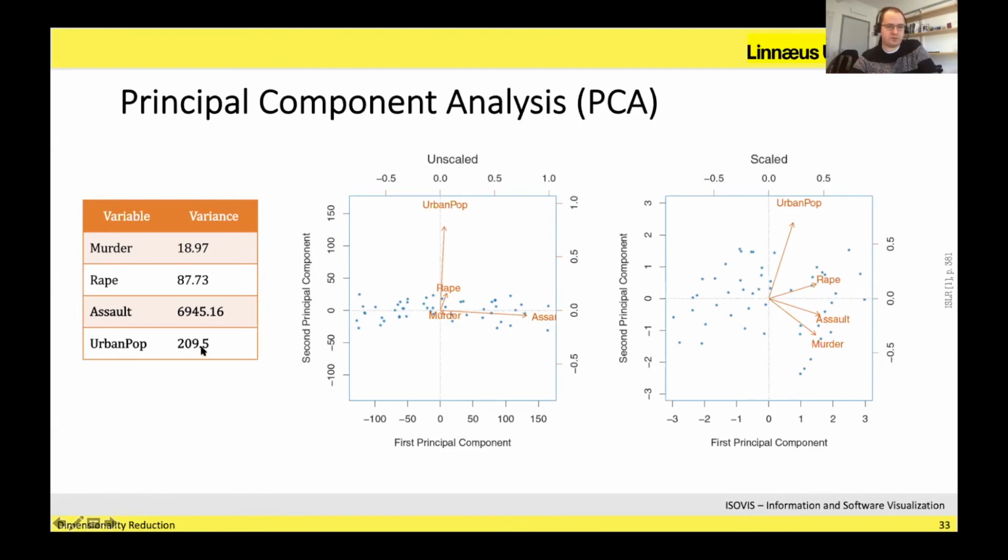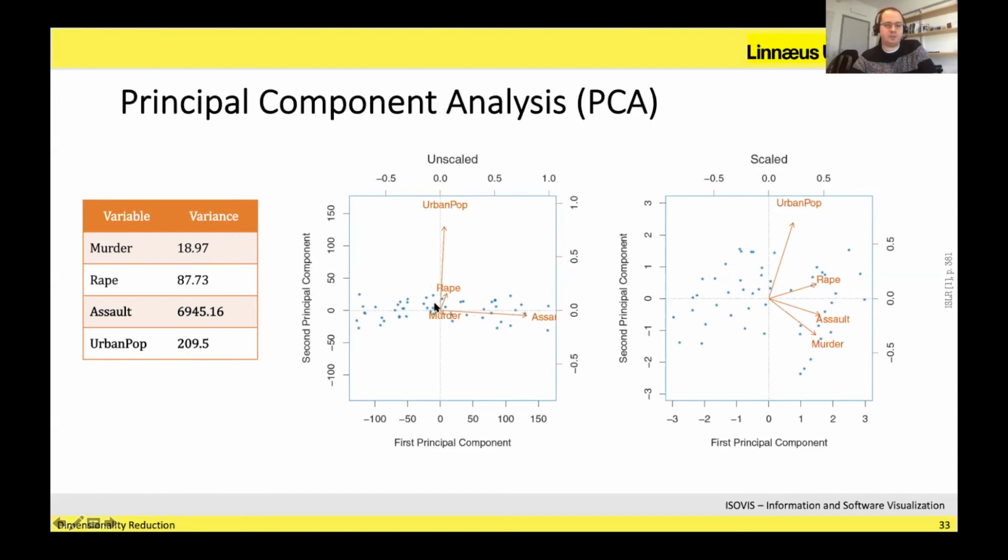For example, 209,000 people in this city. I don't remember exactly, it's in the book. It's been a while since I checked it last, but you can check it later.